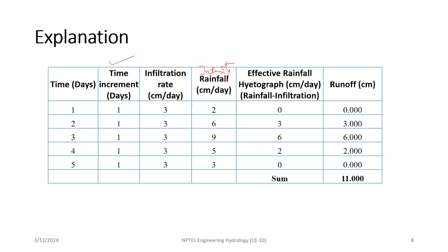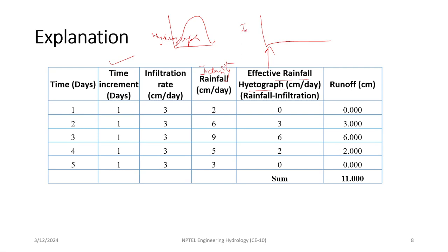Tell me what will be better from your side. It is saying that the effective rainfall hydrograph we have to compute. So what is a hydrograph, and in what units? Rainfall intensity versus time, yes, you are absolutely right.